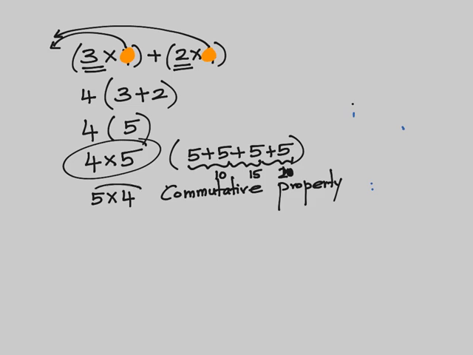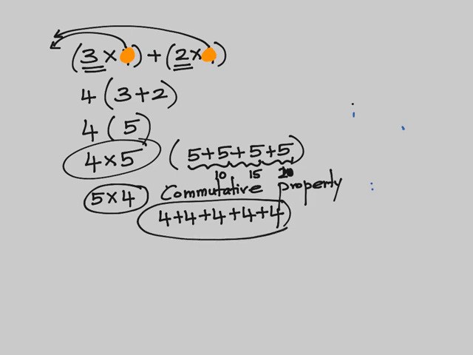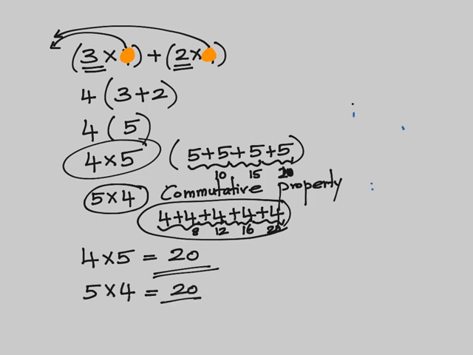So we know that 5 times 4 can be written as 4 plus 4 plus 4 plus 4 plus 4, right? So what is the value? 4 plus 4 is 8, 8 plus 4 is 12, 12 plus 4 is 16, and 16 plus 4 is 20. So 4 times 5 equals 20. And 5 times 4 is also equal to 20.